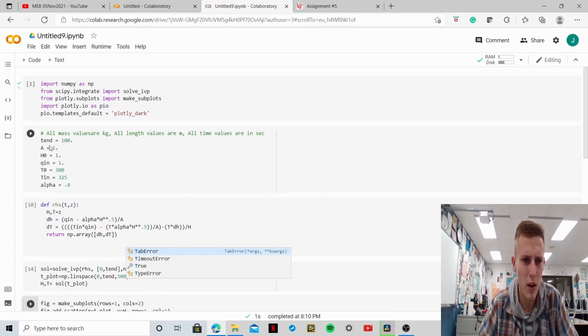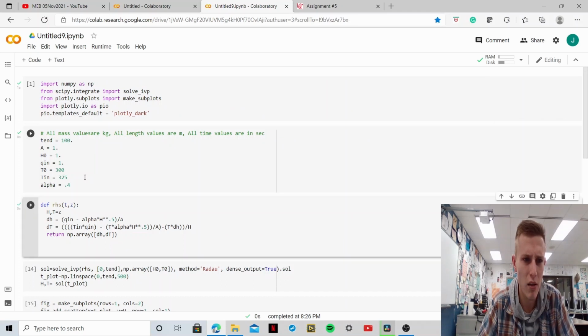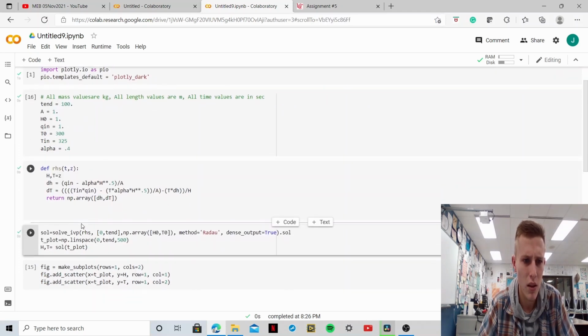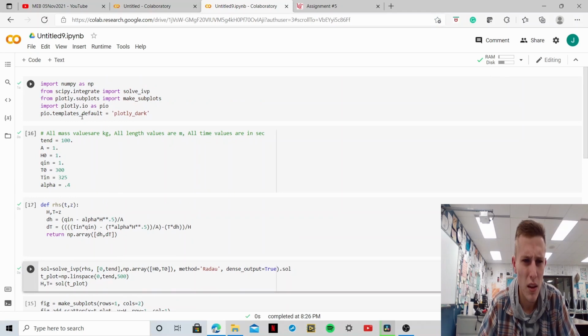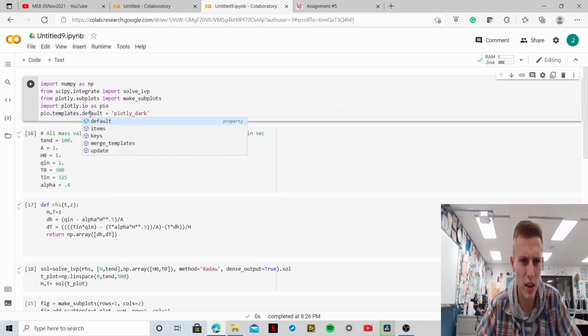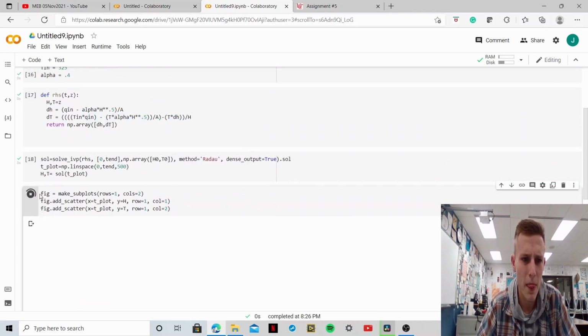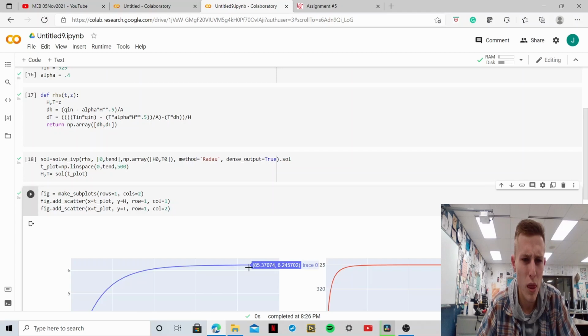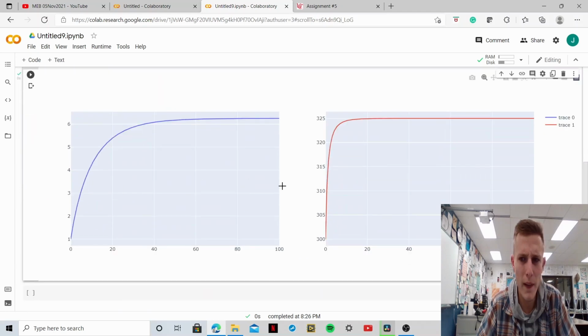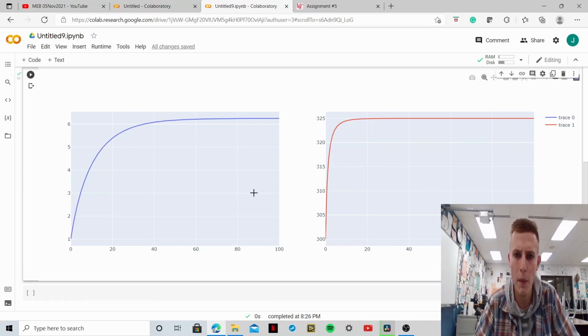And let's make sure we run all these sections. And let's go ahead and change this. I found a mistake, and this will now make our plots dark. I'm not sure why it wasn't making it dark before, but there you have it.